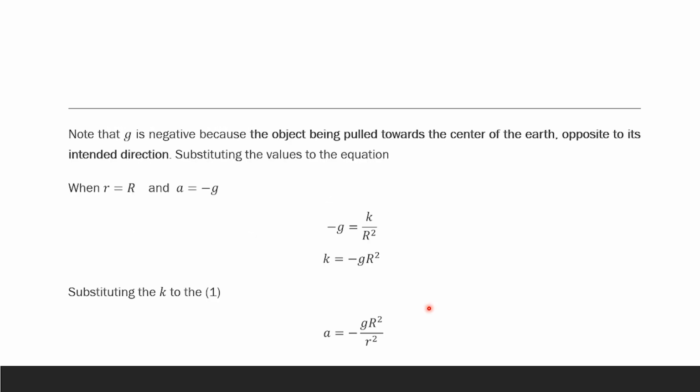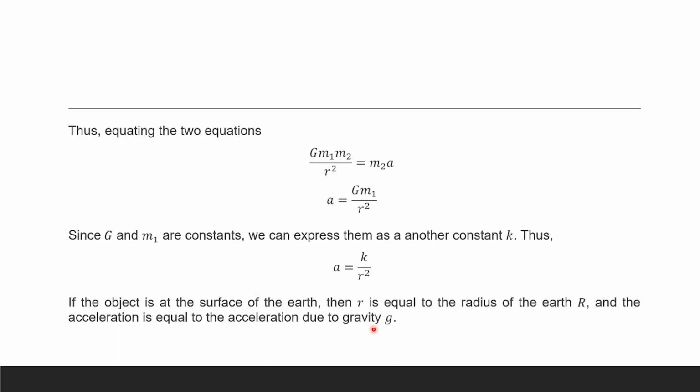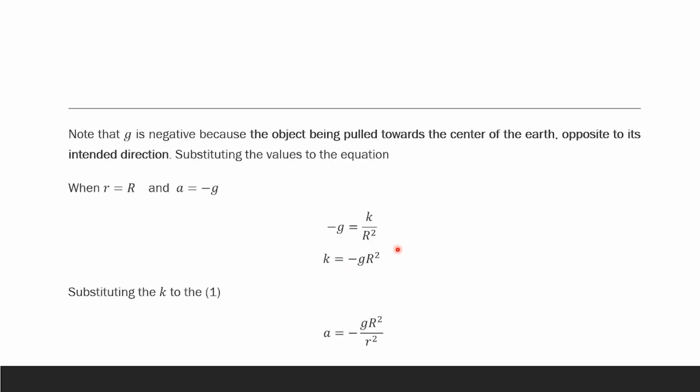So note that g is the gravity at the surface of the Earth, so we can use it as an initial condition. We will put g here and R here so that we can solve for k. If we do that, this is the result.